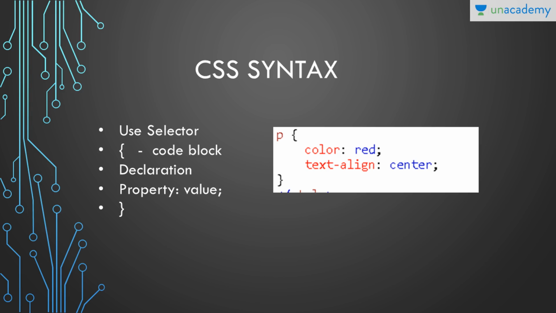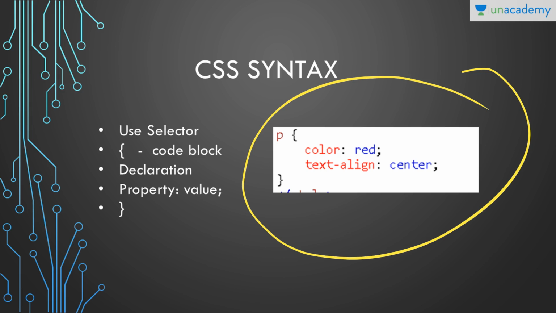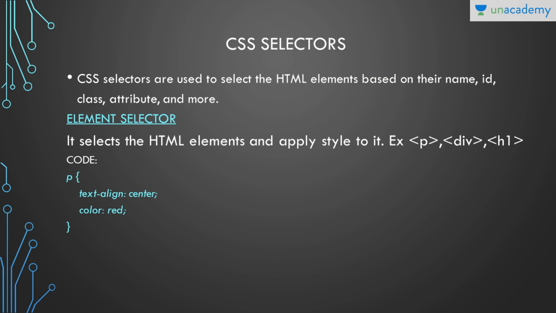So in our previous example that we have seen here, this is the element selector. Okay. So the element selector basically selects all the HTML elements and applies the particular style or code to them. For example, here is the paragraph element, here is the division element, here is the H1 element. So in this way, you can see here is the paragraph.